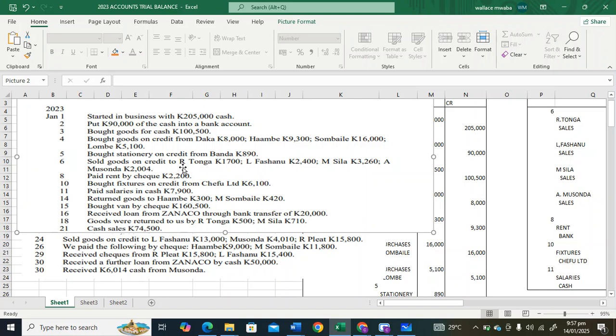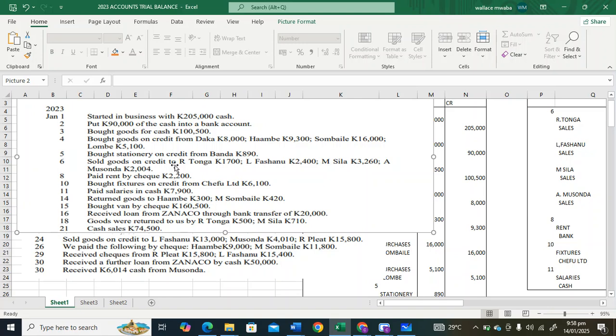So cash hasn't been exchanged. So which accounts will be involved? Wonderful, madam. That is actually correct.